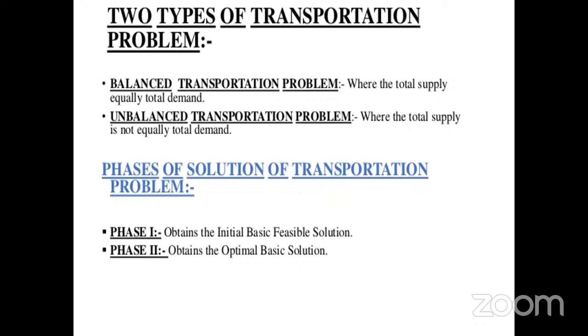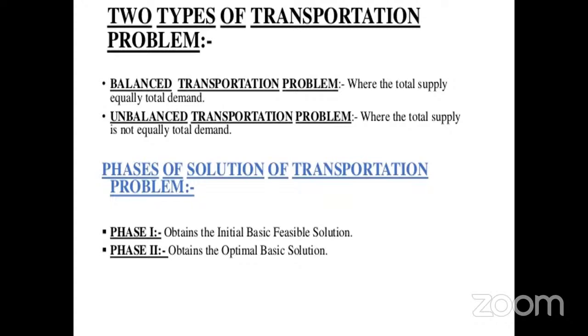Feasible means what? Reaching the objective by satisfying all the constraints, all the conditions, all the restrictions. Whereas phase 2 obtains the optimal solution, that is the best solution we are finding among all the feasible solutions.